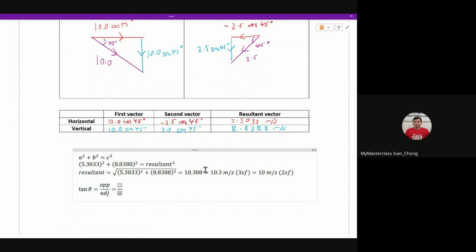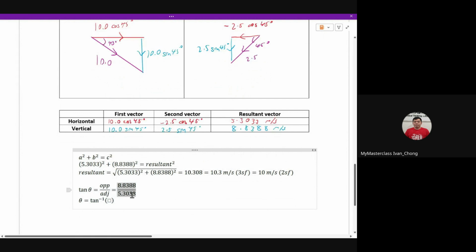So to solve this, all you need to do is we'll take your adjacent, opposite. The opposite will be the 8.8388 over your 5.3033. Okay. Then what you want to find is theta, right? So what you want to do is take tangent inverse of the above.